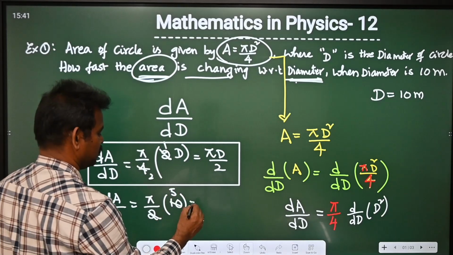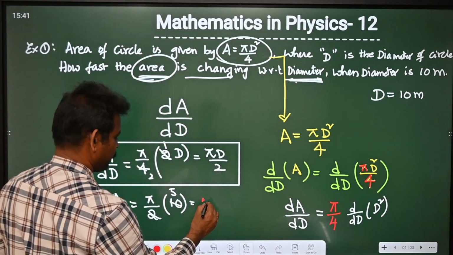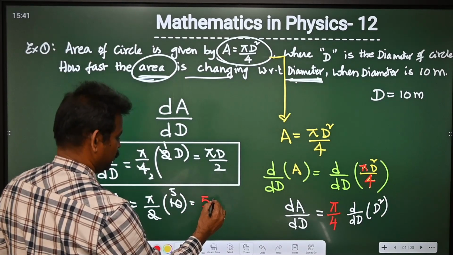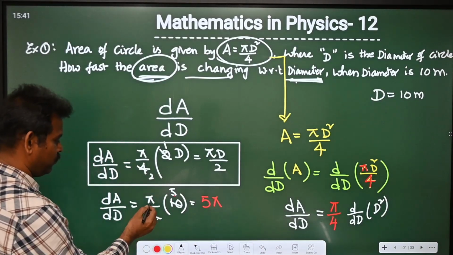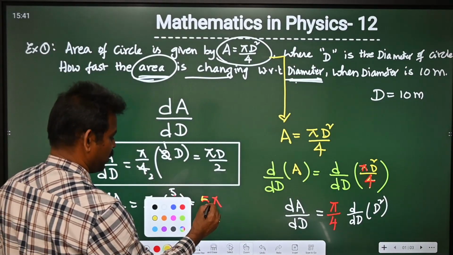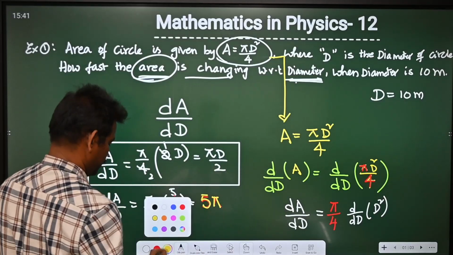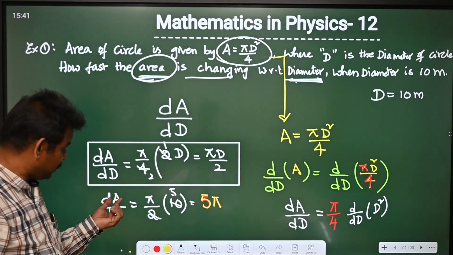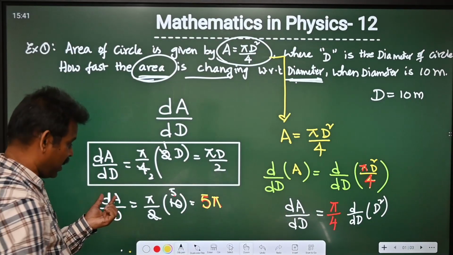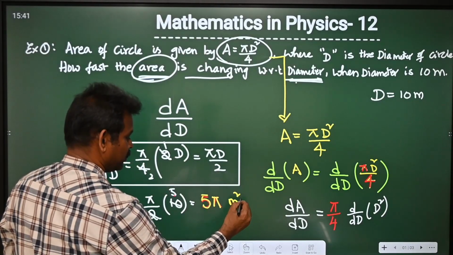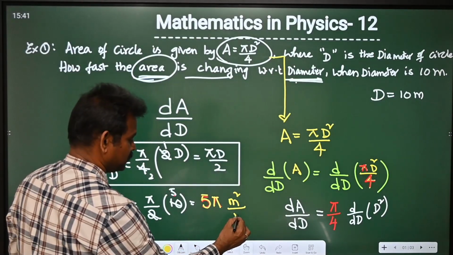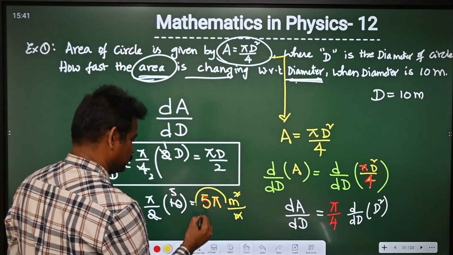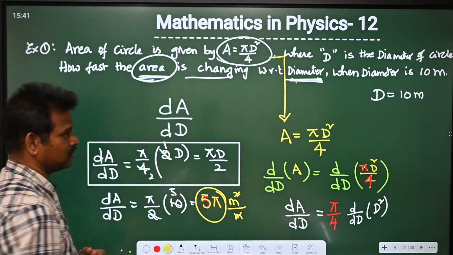So the answer is 5 pi. So I'm writing 5 pi. This is the change in area by diameter. Area is measured in meter square, diameter measured in meter. So the answer is 5 pi meters.